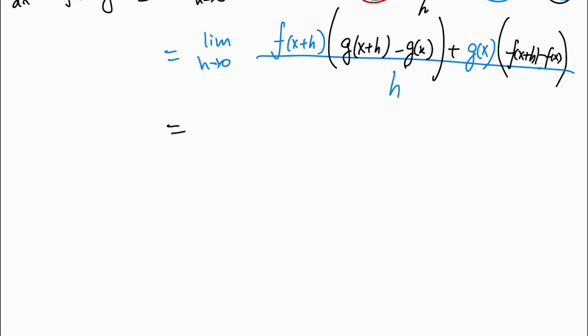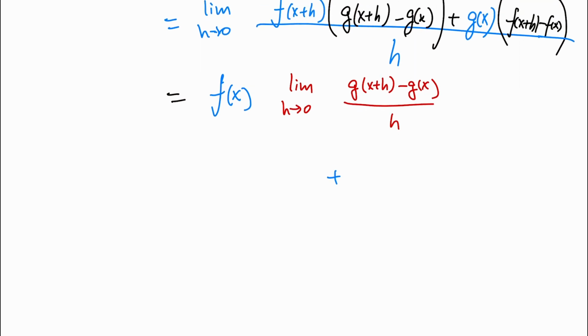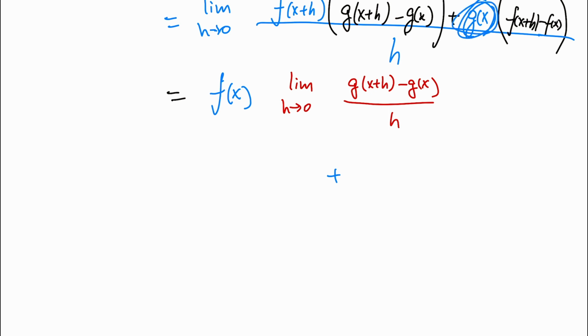So that would simply be f of x times the limit as h approaches 0 of g of x plus h minus g of x over h, plus g of x times the limit as h approaches 0 of f of x plus h minus f of x over h.